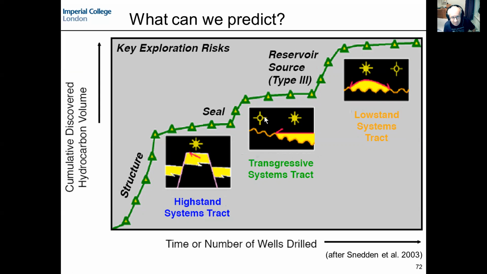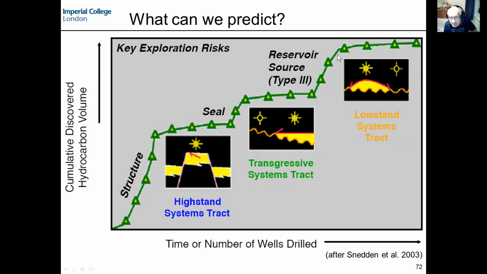Then in a later part of field life, we might be looking at transgressive systems tracts. So we recognize there are sequence boundaries in the shallower part of the section, for example, and we think about developing models around those. In those cases, it's the sealing potential associated with the rocks around those sequence boundaries on the shelf or the shallow marine part of the section, which is the critical risk.